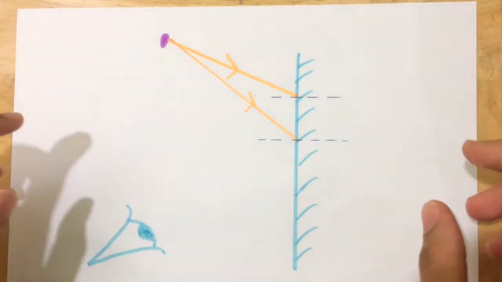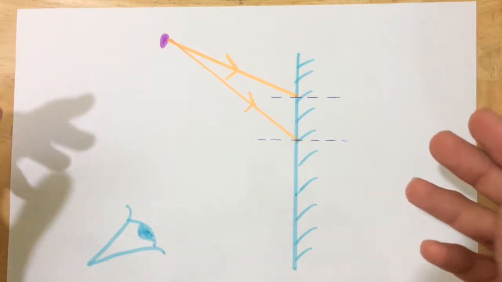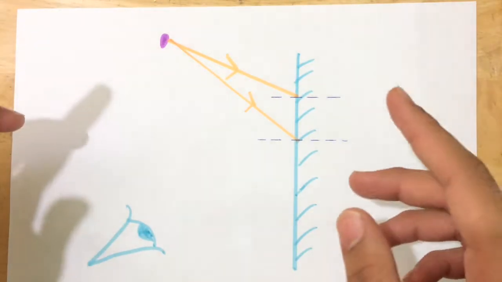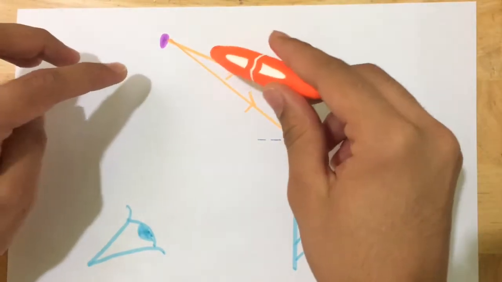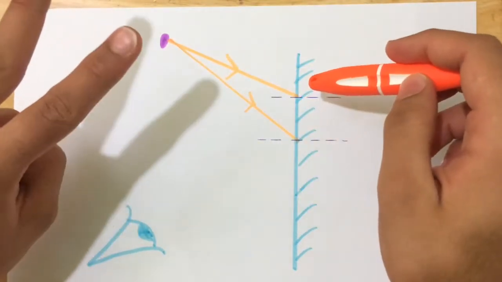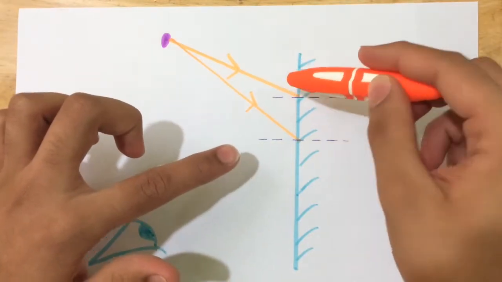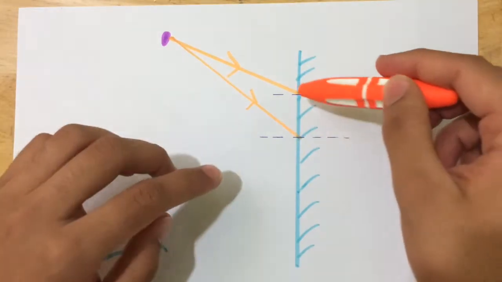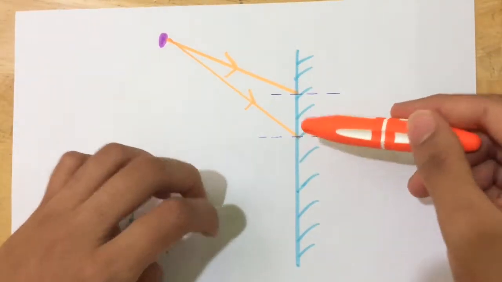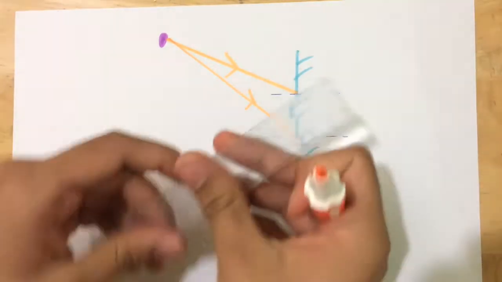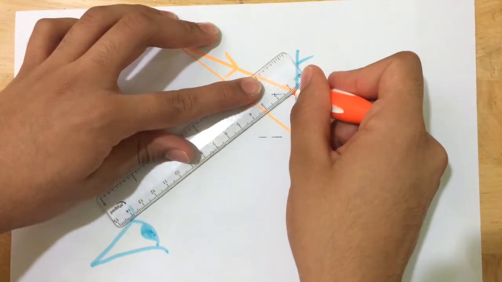Okay, so in your exam, they might ask you to complete a diagram to show where an image is formed in reflection. So of course you have your two rays of incidence. You need two of them. One is reflected slightly above and the other slightly below. Of course you draw your normal lines. You have to always draw your normal lines. And then the first thing you should do is reflect them at the same angle.